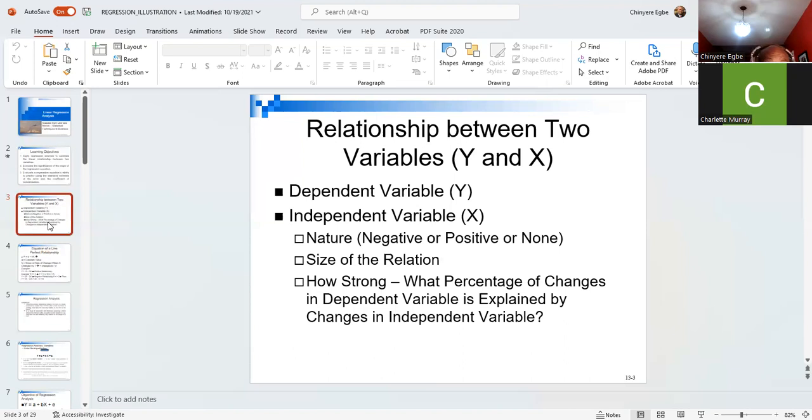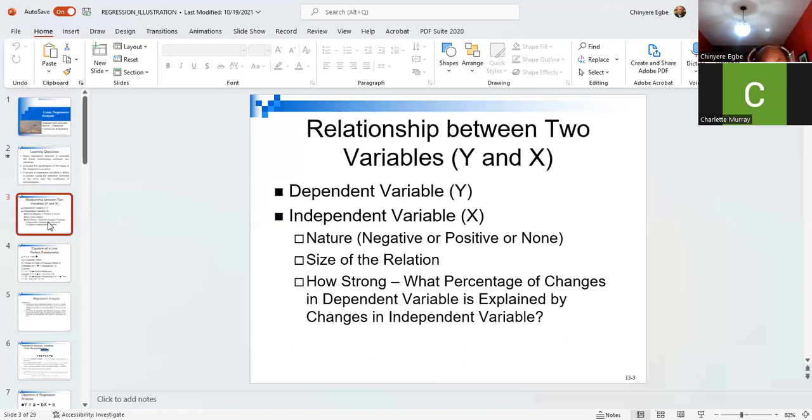And in regression analysis, we are looking at the relationship between 2 variables, okay? One variable is called a dependent variable, and we will call that variable y. And then there is the independent variable that we will call x, okay? And so the values of y depend on the values of x.